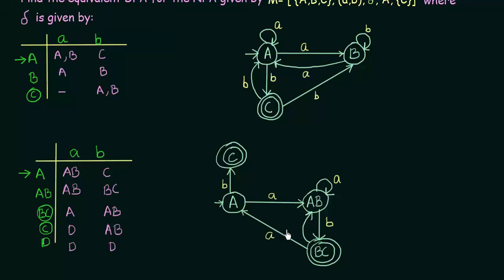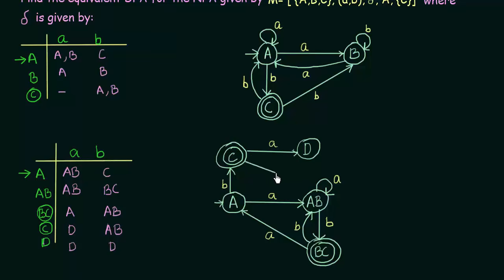Okay, and we have completed BC. Now coming to state C. C on getting input A goes to D, which is a dead state. So I'll make a dead state over here, which I'll call D. So C on getting input small a goes to D, and C on getting input small b goes to AB.